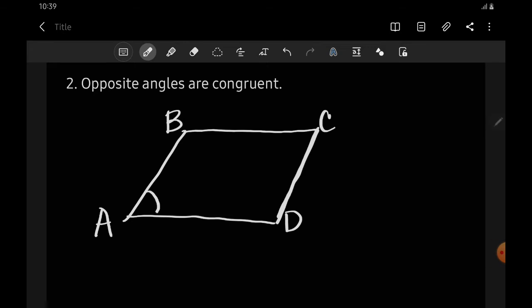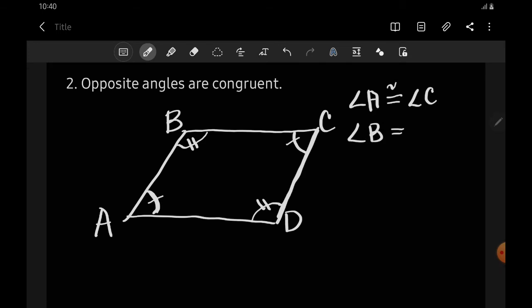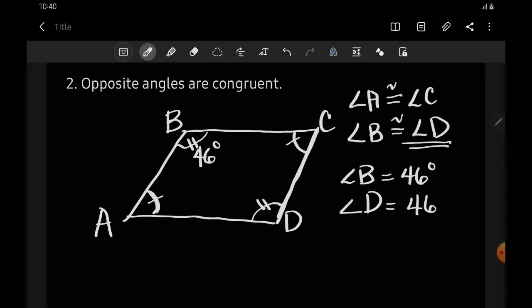For example, angle A is congruent to angle C, and angle B is congruent to angle D. We can write it as angle A congruent to angle C and angle B congruent to angle D. For example, if angle B is 46 degrees, and since it is congruent with angle D, angle D is also 46 degrees because they are opposite angles.